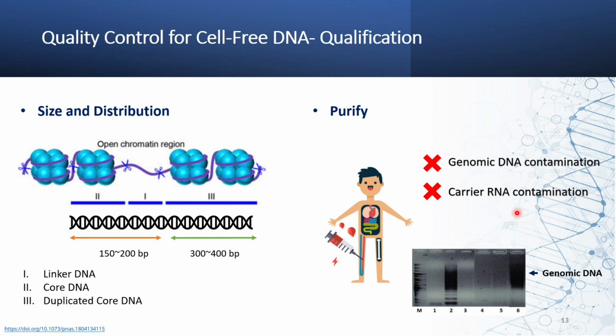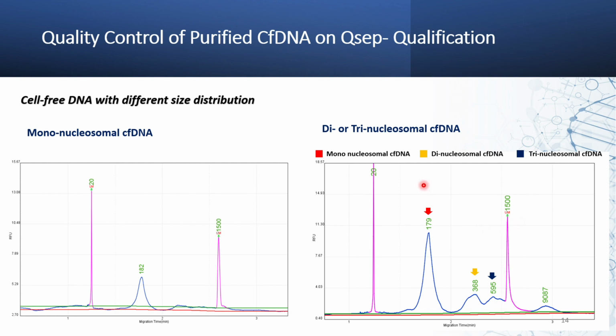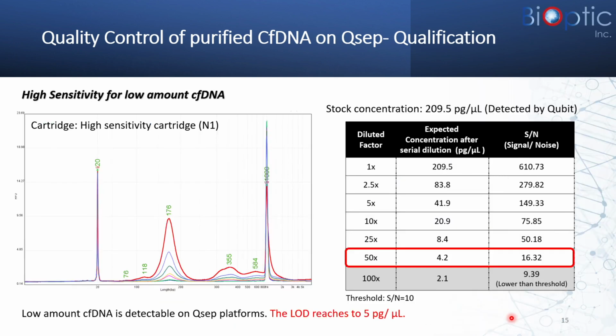So preventing carrier RNA contamination is one important QC point for the purity check. Following are the cell-free DNA samples which are analyzed on the QSAP platform. QSAP can identify the distribution of cell-free DNA in 3 minutes and distinguish the dinucleosome and the trinucleosome cfDNA.